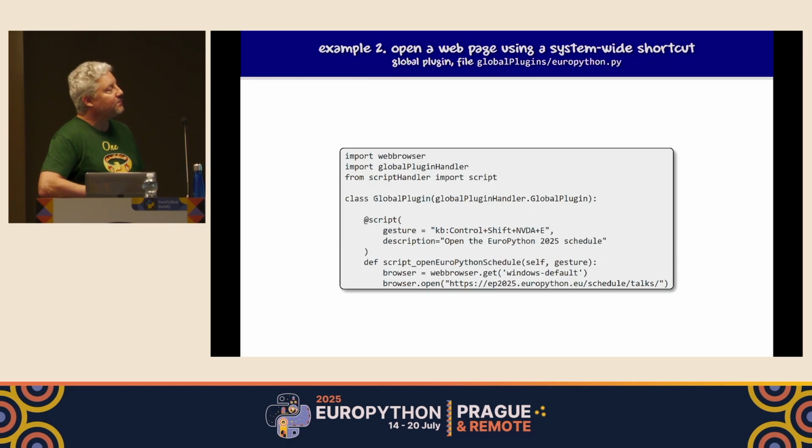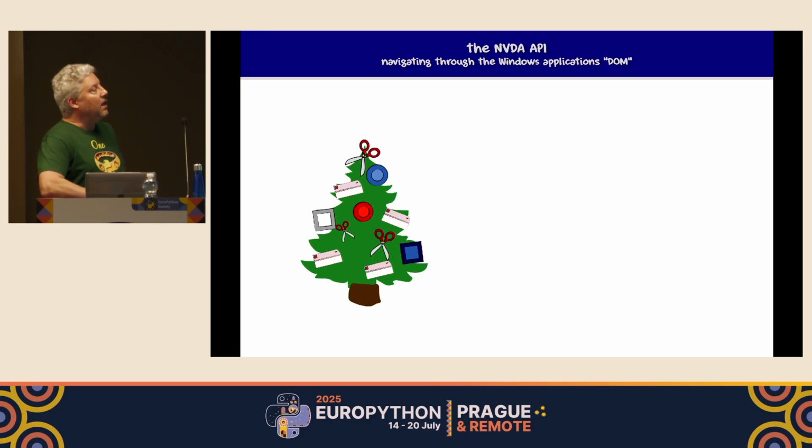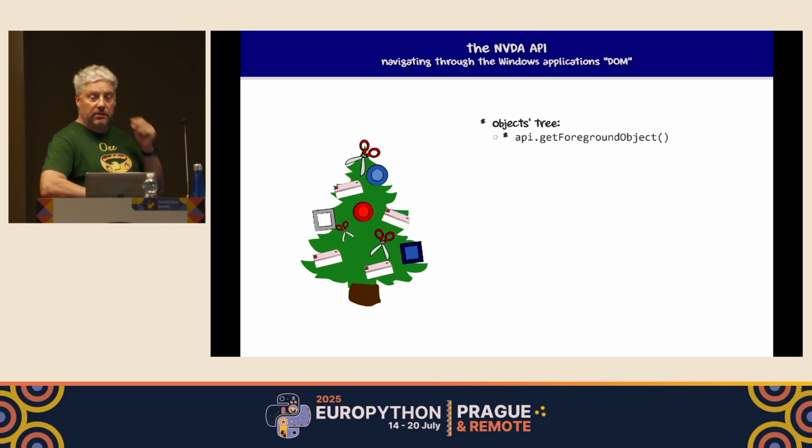Okay. Anyway, I follow. The Windows application DOM: the API of NVDA allows us to traverse the object tree of Windows, more or less like the DOM in JavaScript in web pages. So we have this object tree, we have many functions for this.